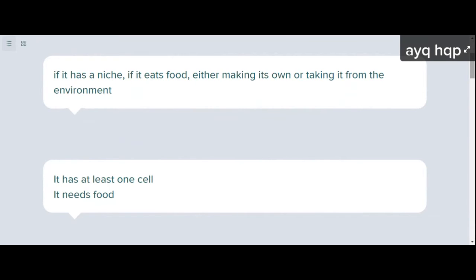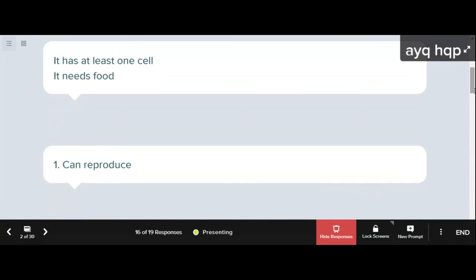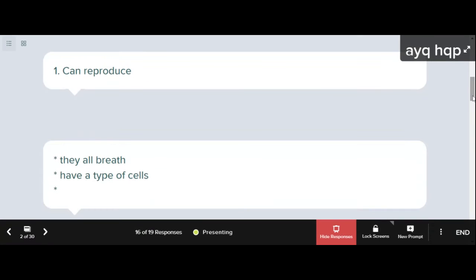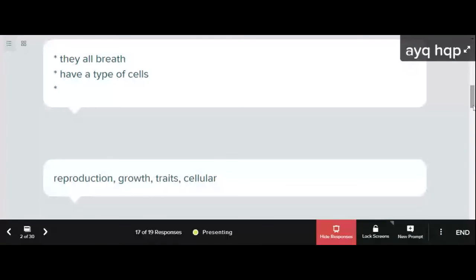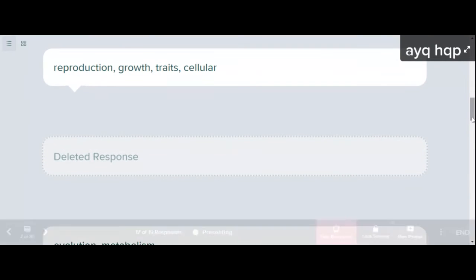Eating food is also, yeah. That's pretty good. I like that you're thinking. Has at least one cell. Very good. Needs food. That is true. We call it something else. Reproduce, that's a good one. Yes. Breathe is not the right word, but it's the right idea. Have cells? Yes, definitely. Reproduction, growth.